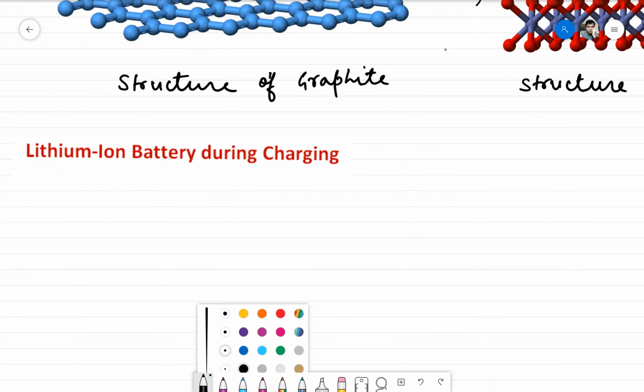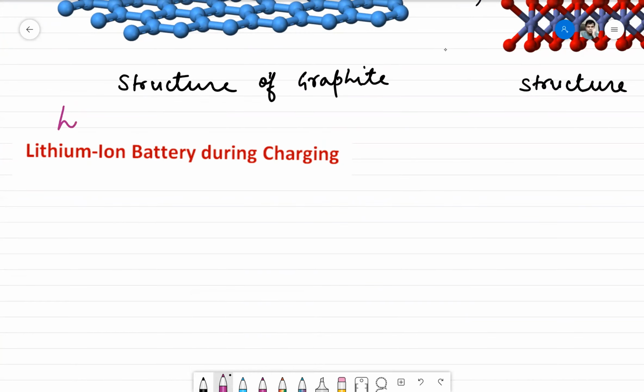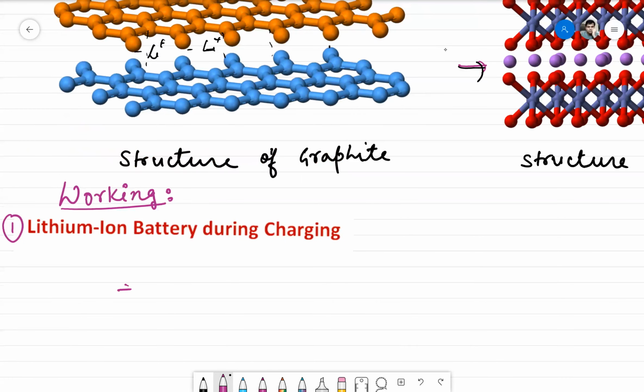Now we will try to understand the working of the lithium ion battery. How does it work during charging? First case, we are taking the lithium ion battery during charging. During charging, the lithium ions flow from the positive electrode to the negative electrode.